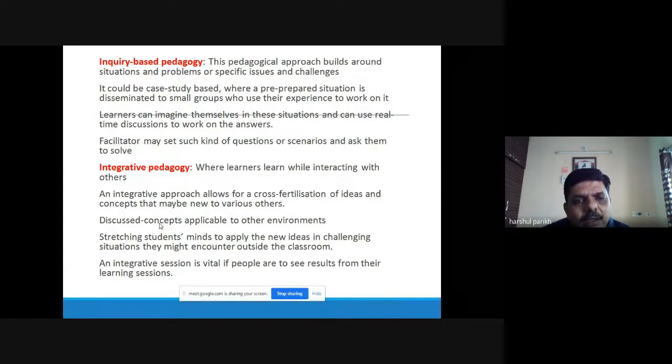So basically inquiry based pedagogy is more towards application based learning.